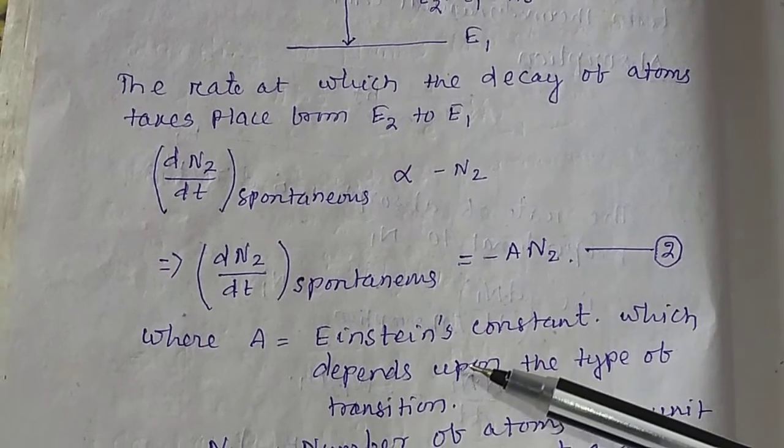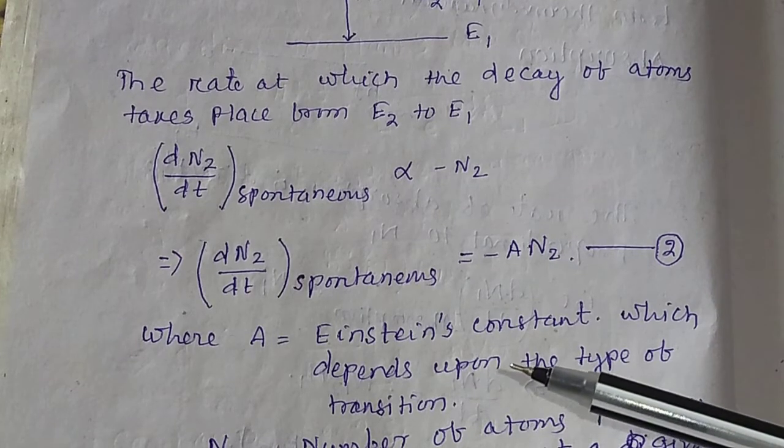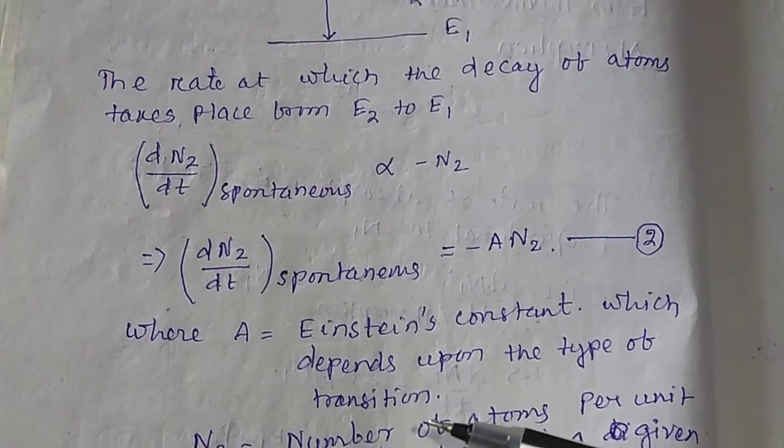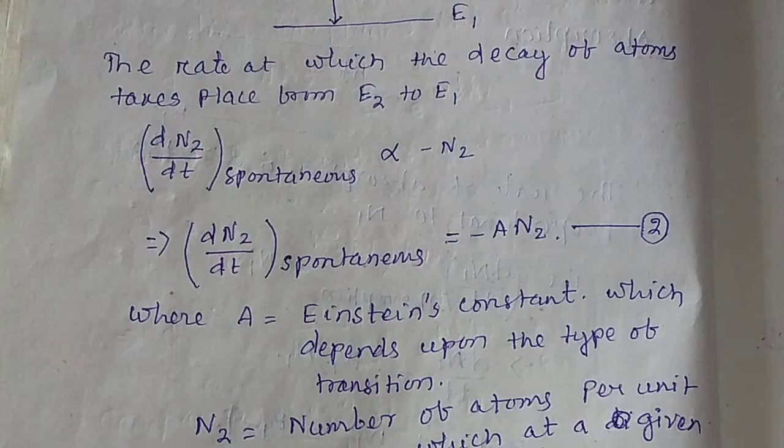Here A is Einstein's constant. As I told you in the beginning, we have three constants, A, B12 and B21, and here A is Einstein's constant, which depends upon the type of transition.